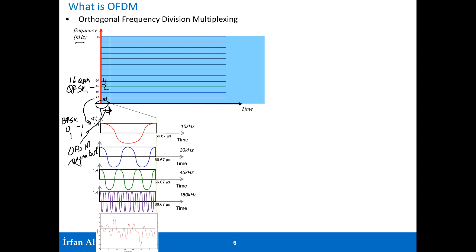So the information is being sent in this particular frequency, and in this particular frequency, at 30 kilohertz, and then at 45 kilohertz.